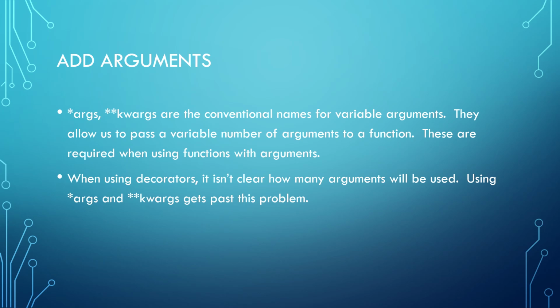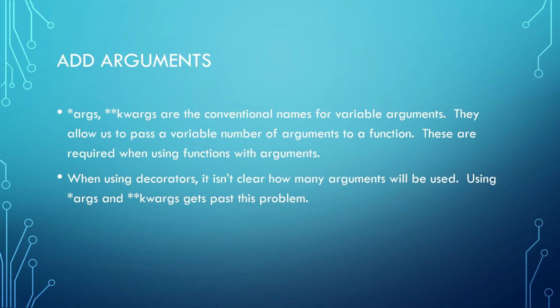You can really put anything; you could just put asterisks in there and you'd be fine, but the args and kwargs names are conventional, it lets people know what those arguments are. And these are pretty much required for using arguments in your functions when you're using decorators.